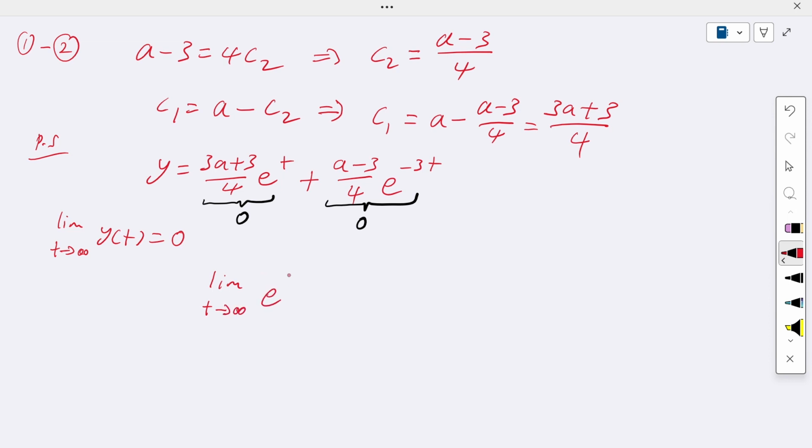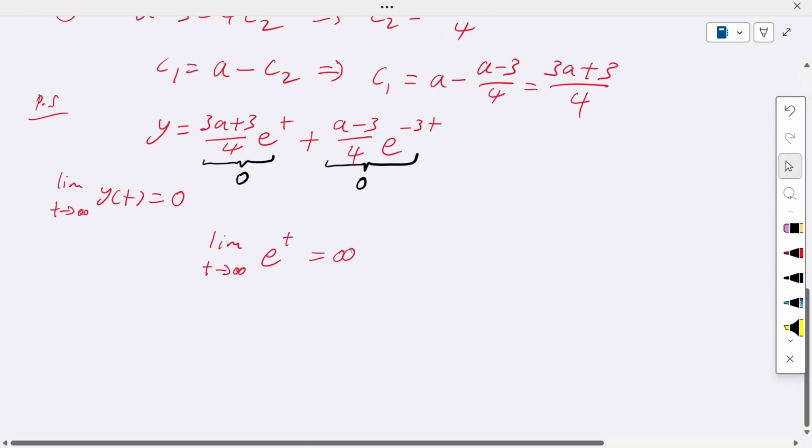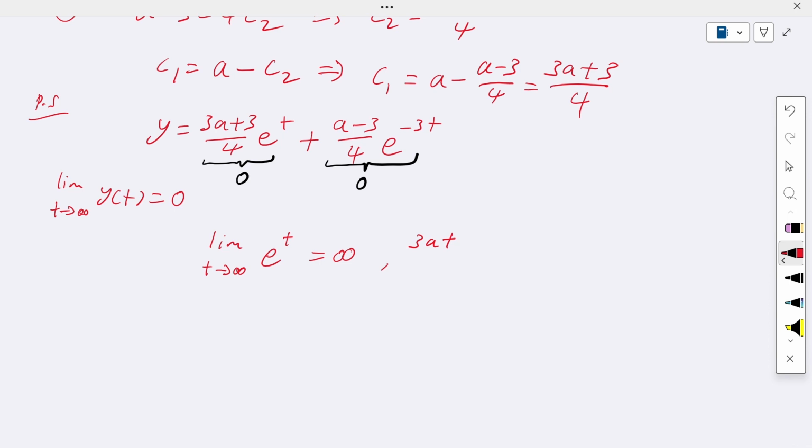In this case, e^t, with t going to infinity, will be infinity, right? So for the first term, this must be 0. That means (3a + 3) divided by 4 must be equal to 0, right? So in that case, we have 3a + 3 = 0. So we can find a is equal to -1.